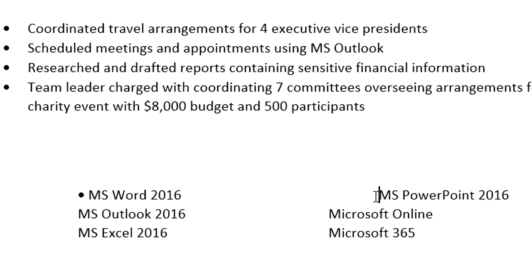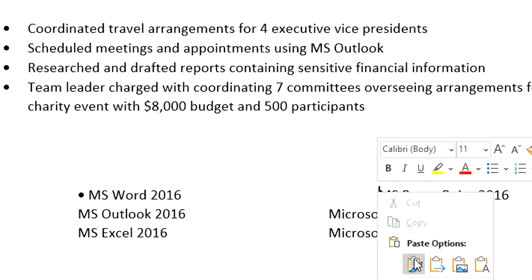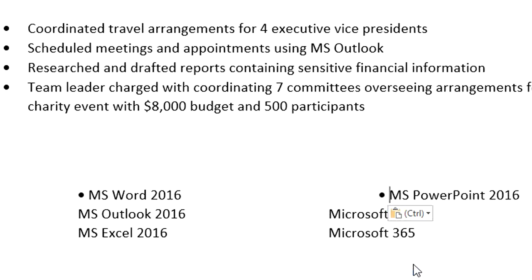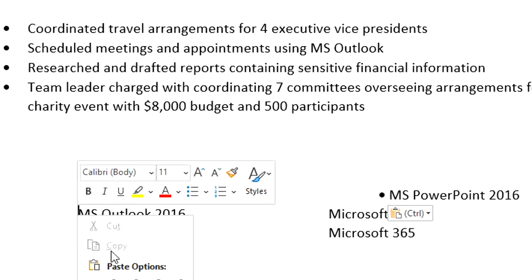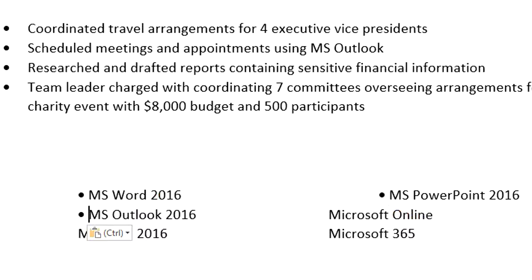I'm going to right-click and use Paste. Again, you could use Control-V or go up to the clipboard. And then I don't have to copy it again. I can just move to the next place I want the bullet and right-click there and paste. And I can just continue doing that until I get all my bullets in.